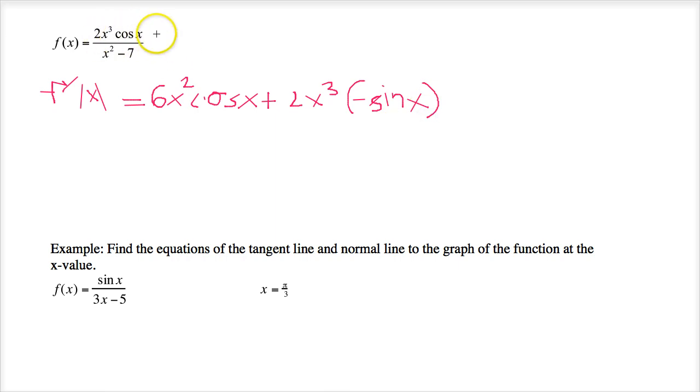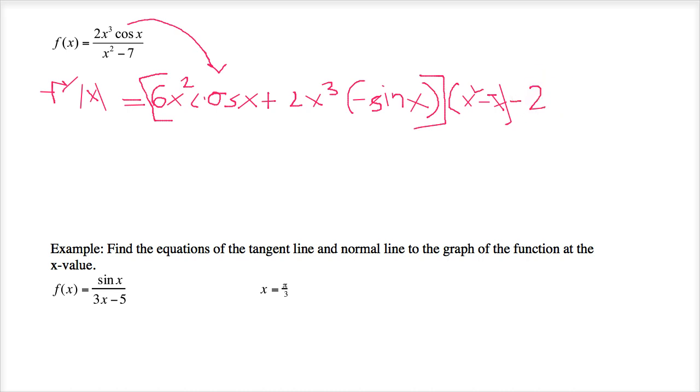I did the derivative of the first one. But I'm not even finished yet. All I did was the derivative of the first one, right? Now, like if I put these in brackets, all I did was the derivative of the first one. I now leave the second one alone. This is quotient rule. Remember, this is a fractional bar. This is x squared minus 7 minus, leave the first one alone now.